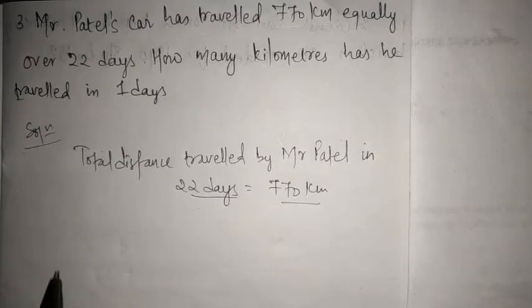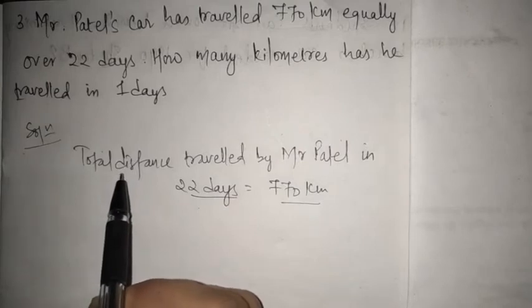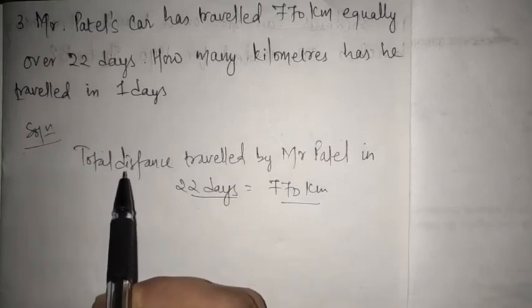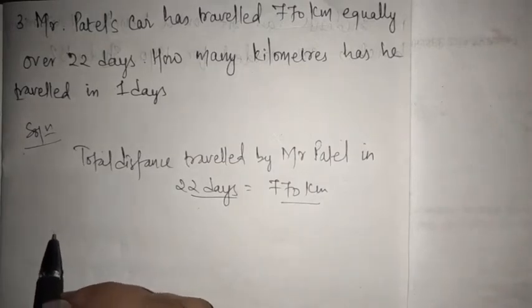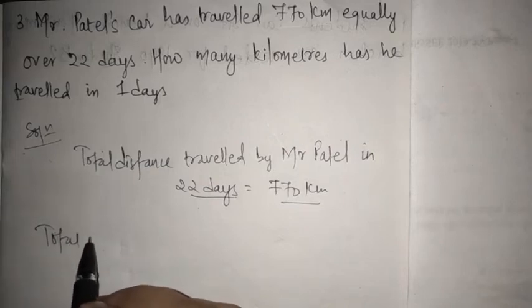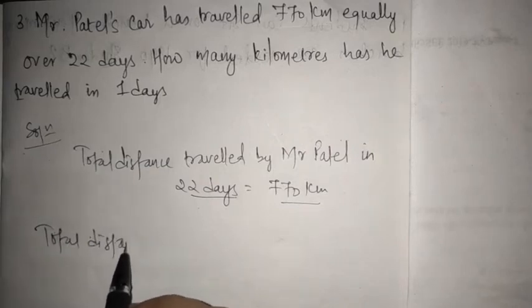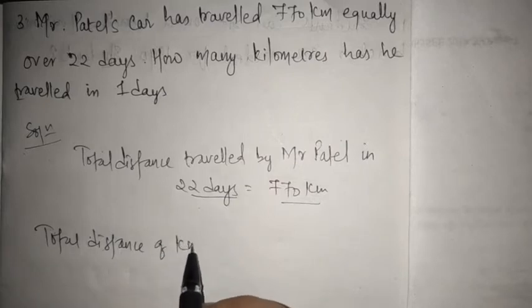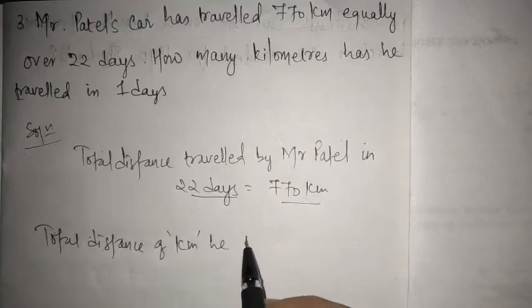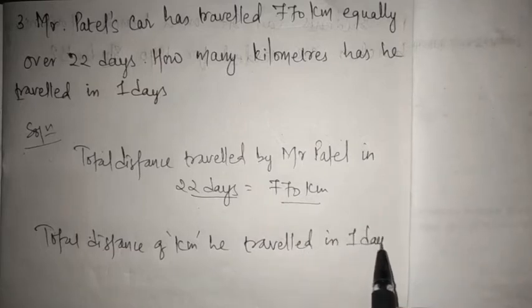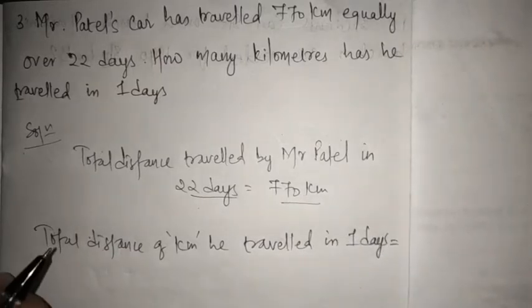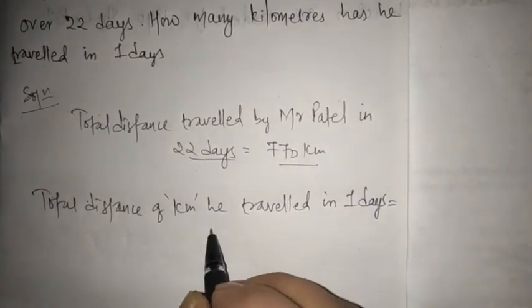Now your question is to find how many kilometers did he travel in one day. So now you'll write total distance in kilometers he traveled in one day is equal to, now you should divide this 770 by 22, of course, right?